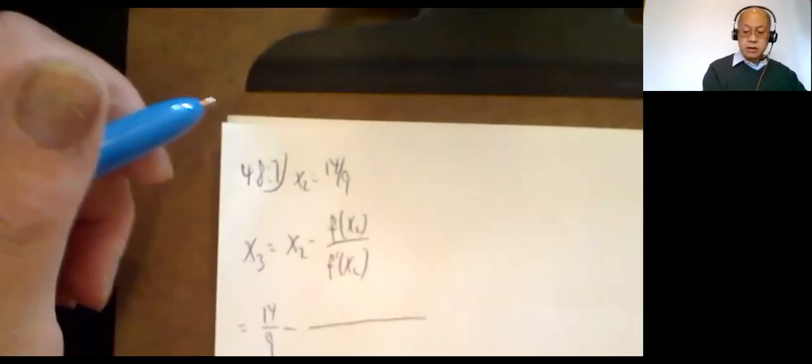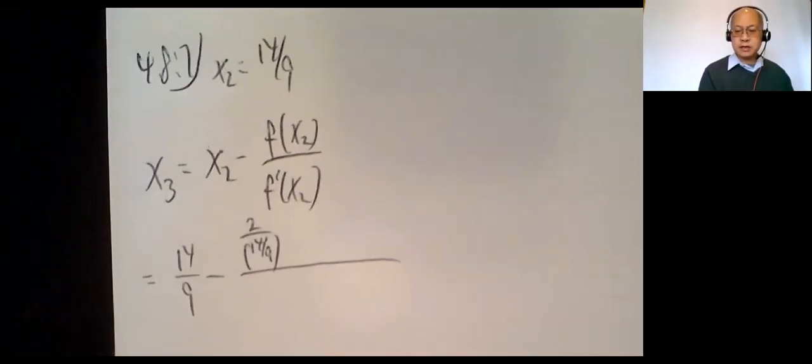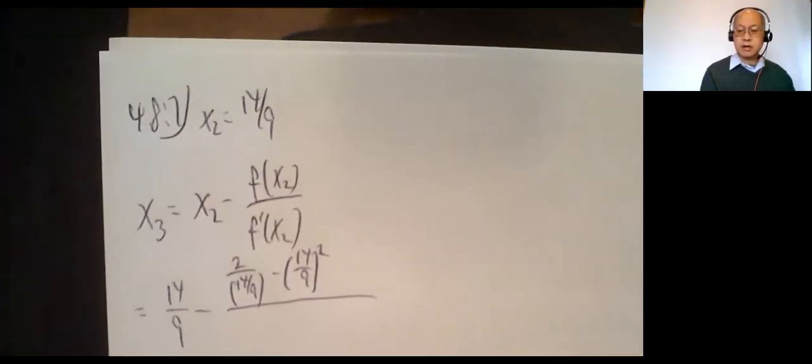Okay, it's a big mess. All right, so here we go: 2 divided by 14/9 minus 14/9 squared plus 1.